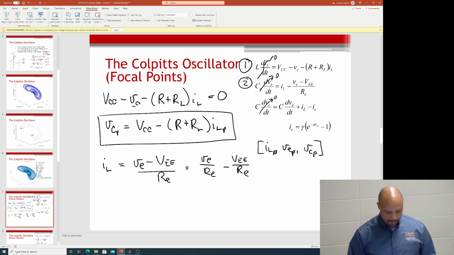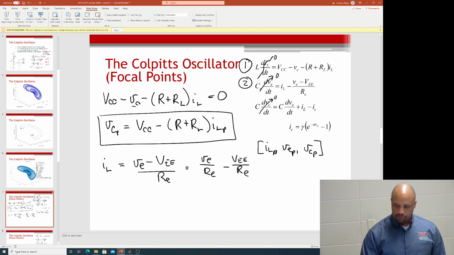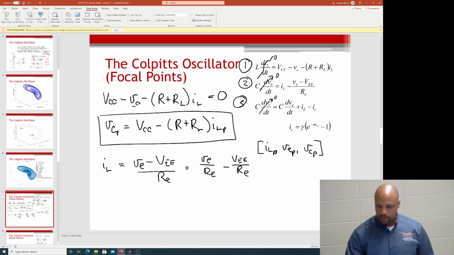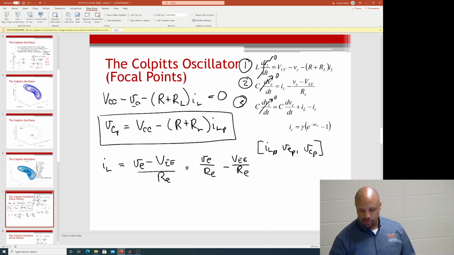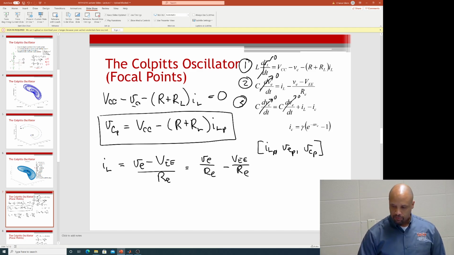And then finally, in this third one, remember that's 0, but also this dVE/dt is also 0 because we set that equal to 0, and we're going to assume that the capacitor up here is not 0, so that must mean that dVE/dt is 0. So that's 0 too. So from 3 we have IL minus I sub C equals 0.